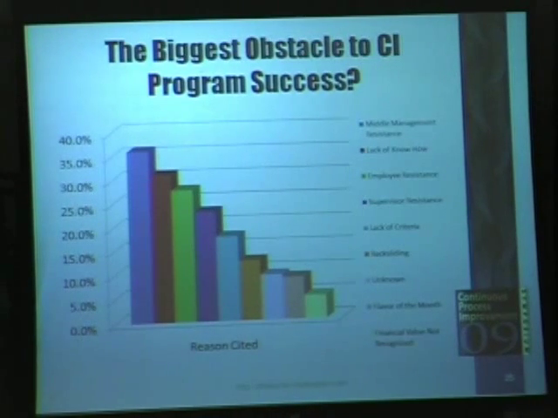And what you see there, number one, is middle management. Middle management is resisting. Number two is, well, we don't know what to do. Number three is employees are resisting. And number four is supervisors are resisting. Everyone is resisting.